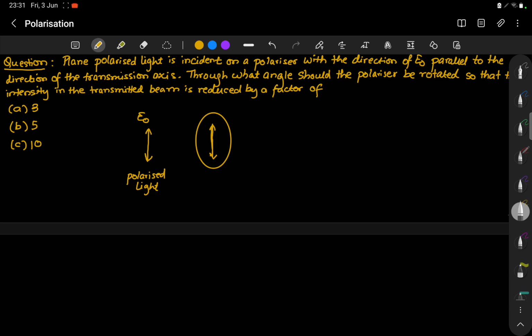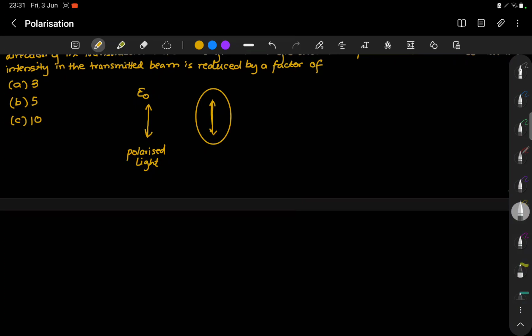Now we want to rotate this polarizer. So this is again the field, and we want to rotate the polarizer through some angle theta. So let us say that this is the angle through which it has been rotated. This is theta.